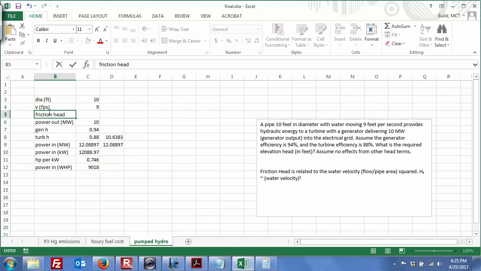PSI? I think it's feet, because we're looking for feet, elevation is in feet. Feet per second, so it's going to be in feet, because you're looking for your elevation. Elevation head in feet. It says it right there on the question. Right, yeah.